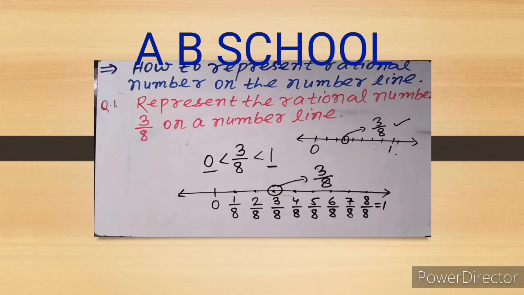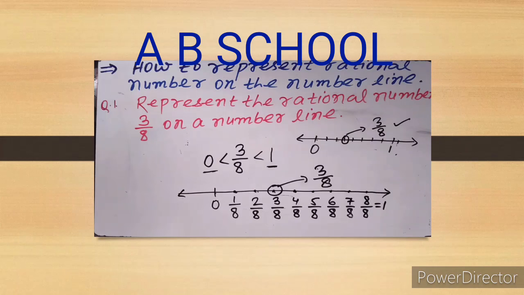Further we will discuss in the next video lecture. You will try to solve your exercise 1.2 also, which is based on how to find rational numbers between two rational numbers and represent rational numbers on the number line. Some more examples I will take in the next video lecture and explain.